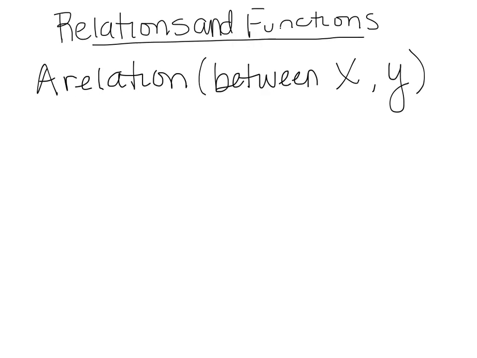And there's lots of different ways to represent these. So there are different ways to represent a relation. I'm going to talk about 4 of them. Number 1 is an ordered pair. We all know what that is, x comma y.